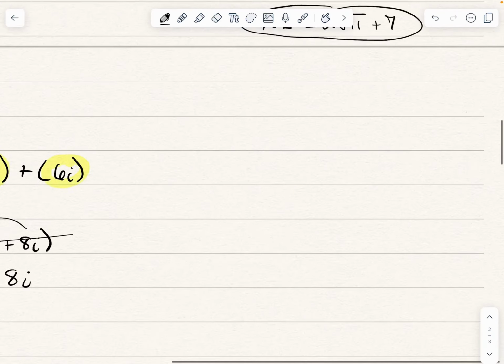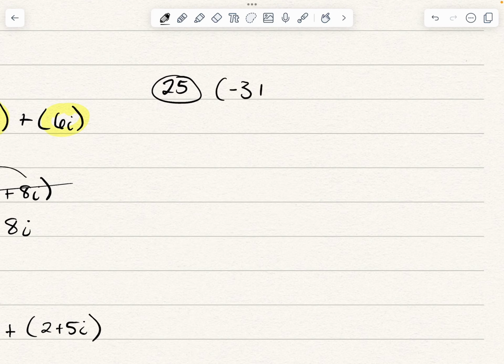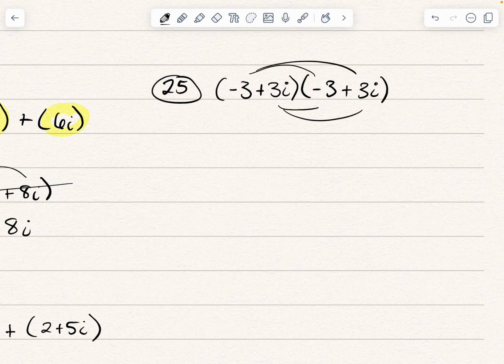Let's skip up here and let's go to 25. 25 is just writing out this parentheses twice. That's what that squared means. So we have negative 3 plus 3i, and we're multiplying this out. So you could either do negative 3 times each and 3i times each, or you could do the box, whichever method works the best for you.